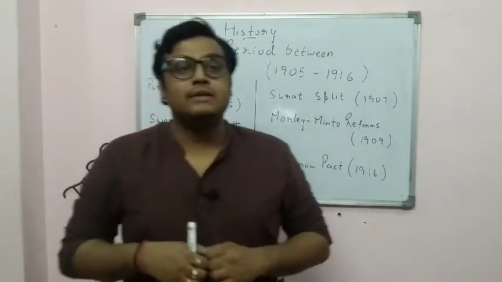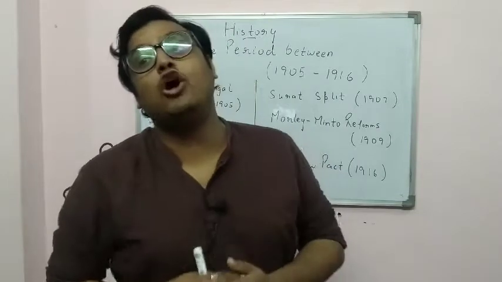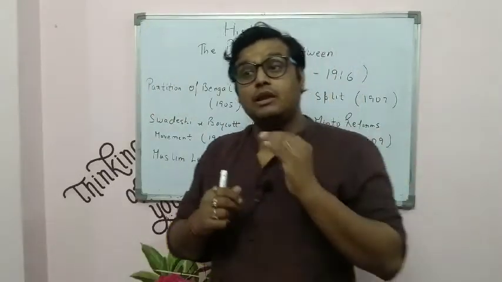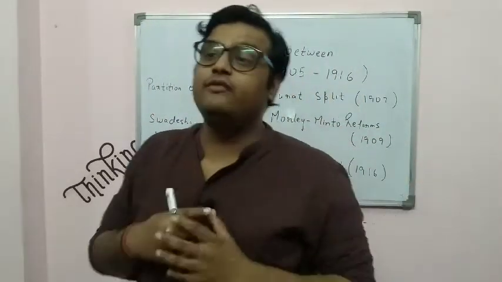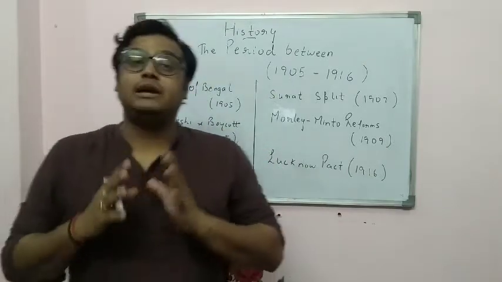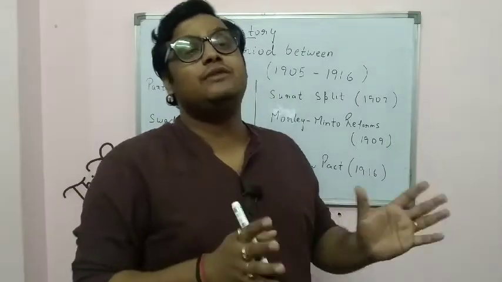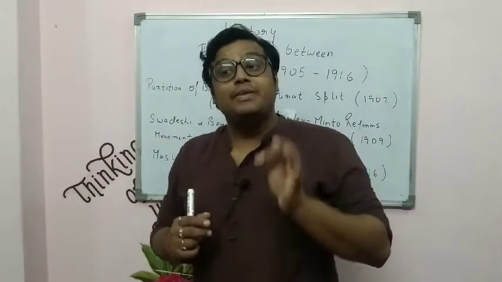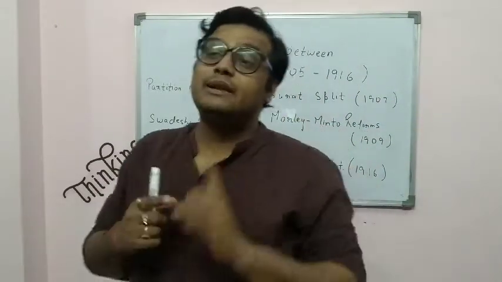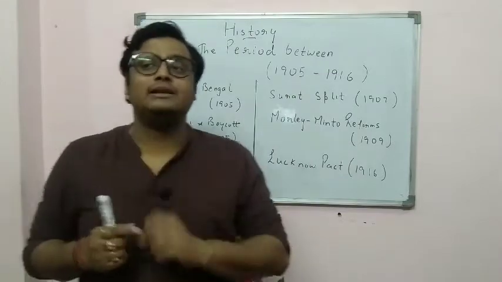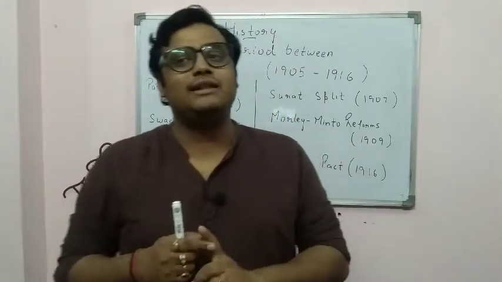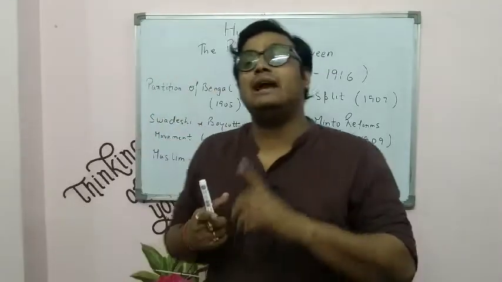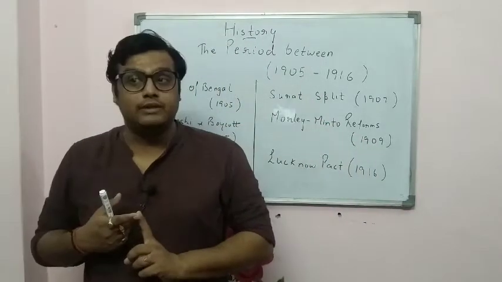Now a Swadeshi and boycott movement was started in 1905 only. The Indians realized that the Britishers were doing it for a communalist purpose and they wanted to divide Hindus and Muslims. I've told you in the previous chapter that Bal Gangadhar Tilak, Lokmanya Tilak, was known as the forerunner of Gandhi. Now you will understand why.